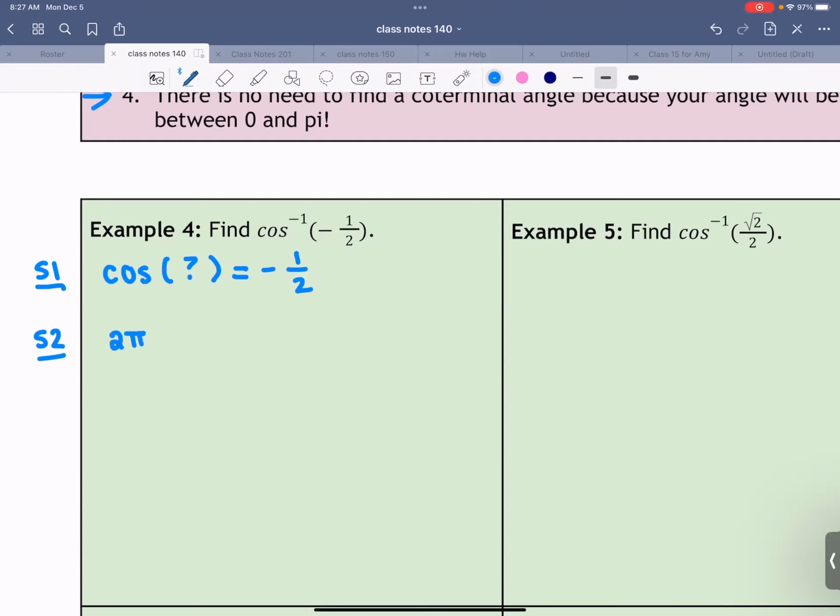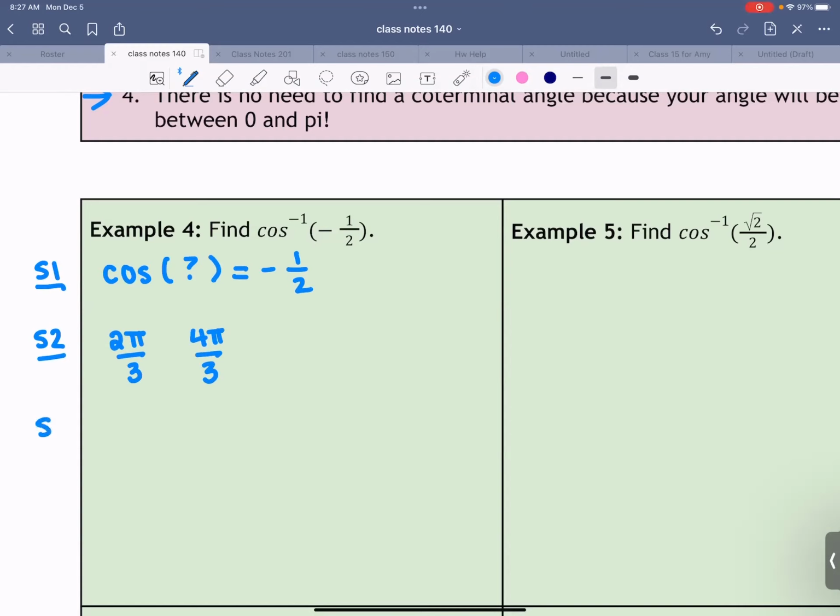Good, 2 pi over 3. And looking at the rest of the unit circle, is there anything else? Yeah, 4 pi over 3 also does that, right? So I found 2 angles on the unit circle where the x value is -1/2.